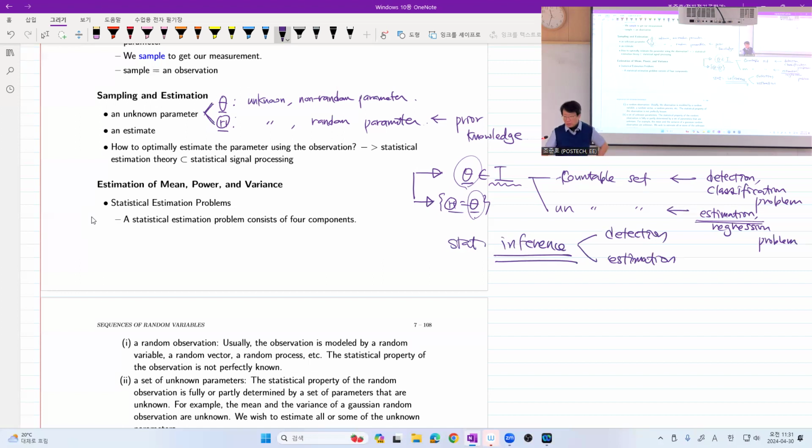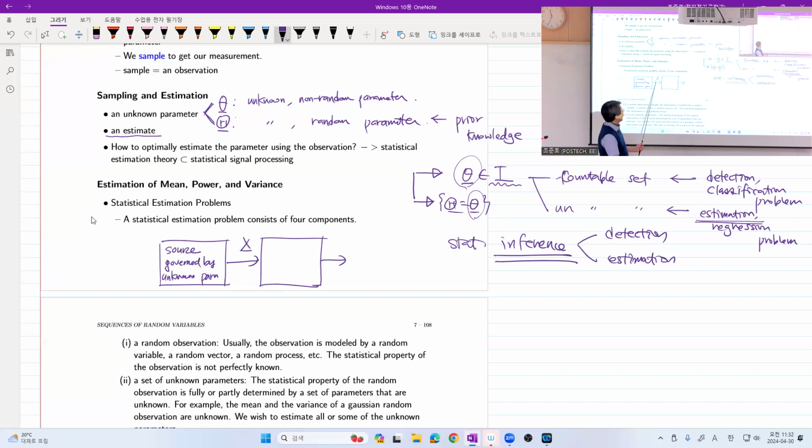Got it? By the way, the term estimate is used not only for the estimation problem, but also for the detection problem. So let me give you a block diagram. Here is your source governed by some unknown parameter. It could be random or non-random. Now you make an observation. And here you have a system that takes this observation.